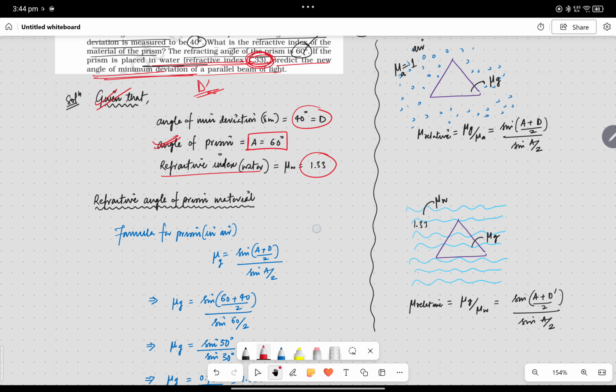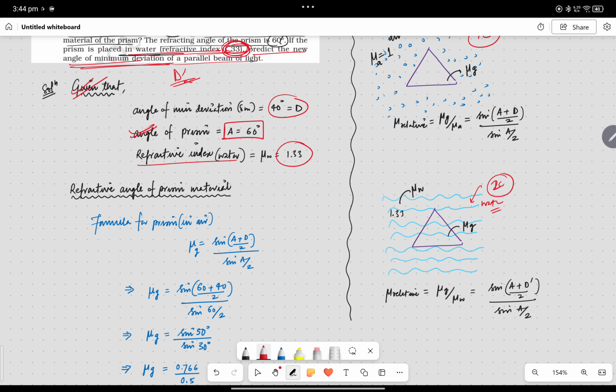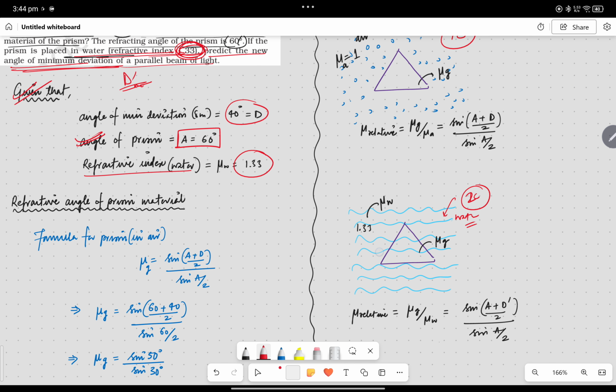In the first case, the prism is situated in air, and in the second case, the air is removed and the prism is placed in water. Here D is the minimum angle of deviation, and in the second case the minimum angle of deviation is going to change, and you have to calculate that, right?